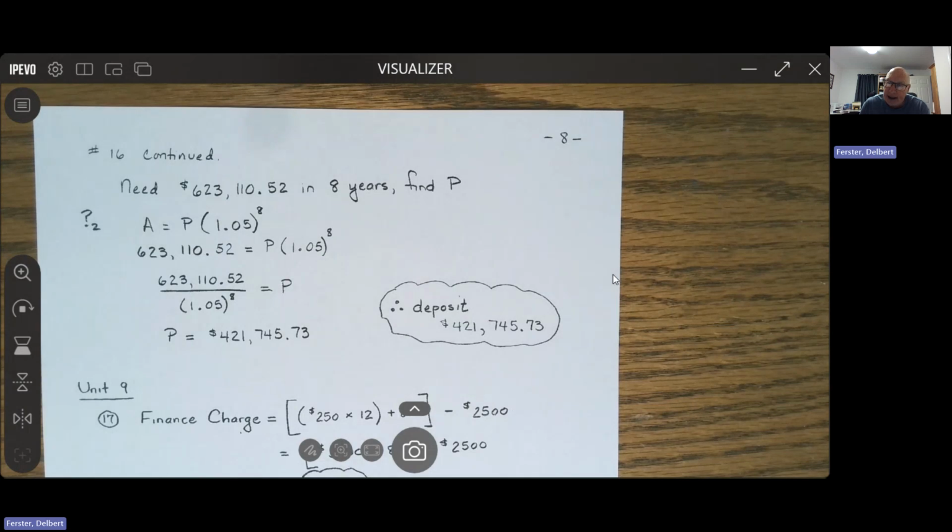You're going to have to today deposit $421,745.73 so that after that 8-year period, your annuity is set to fire and good to go. So our final answer, how much should you invest today to set up that annuity? $421,745.73.